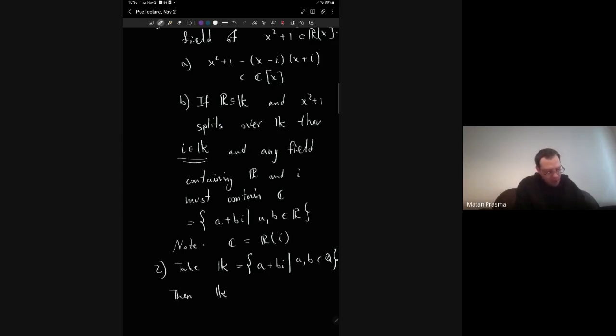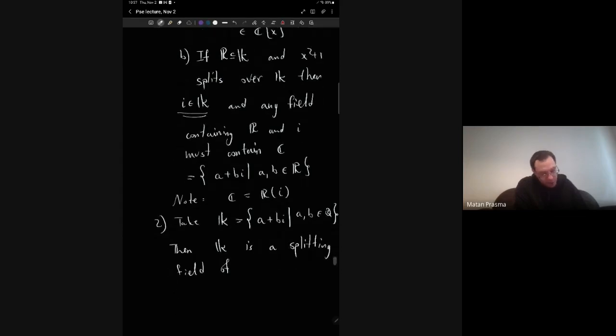And then I claim that K is a splitting field of the same polynomial x squared plus 1, but now viewed over the rational numbers.